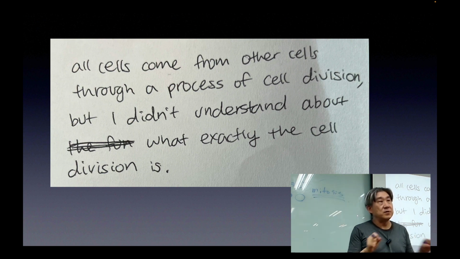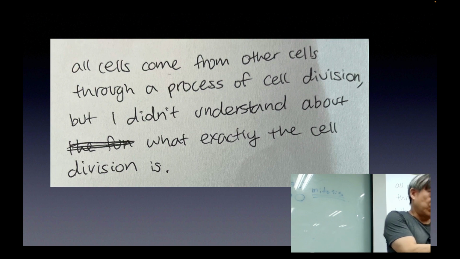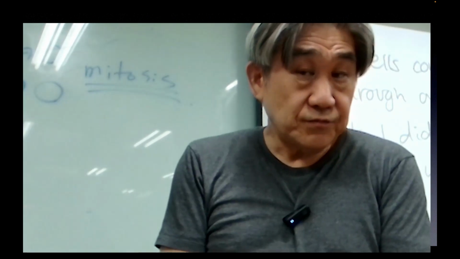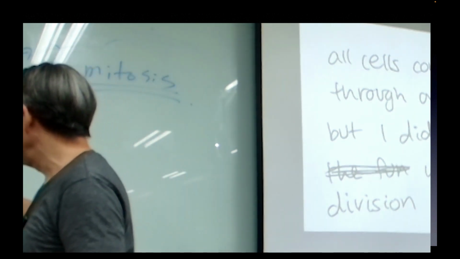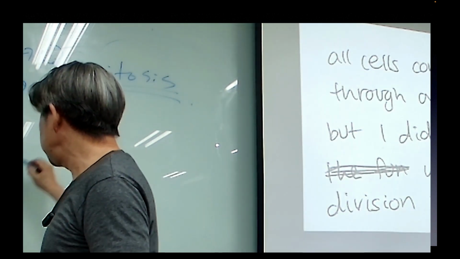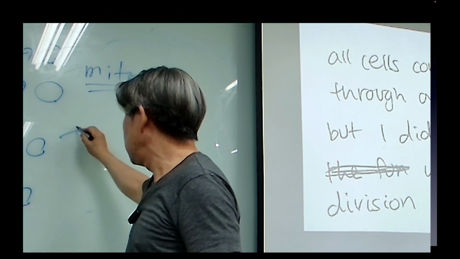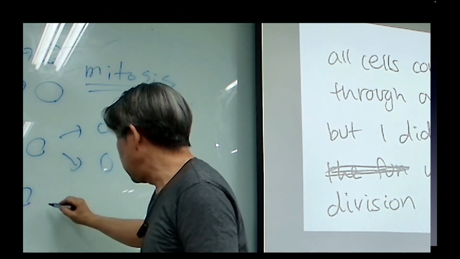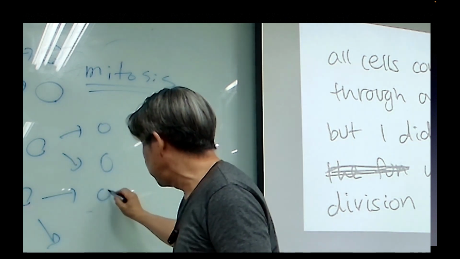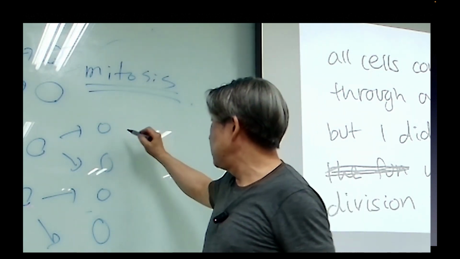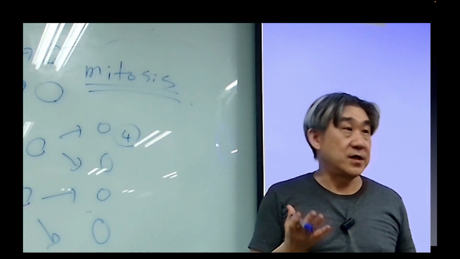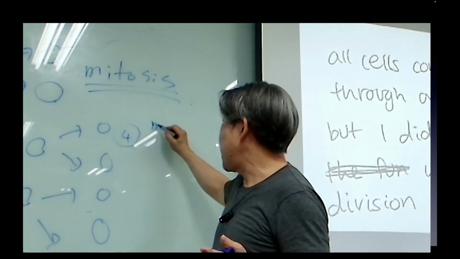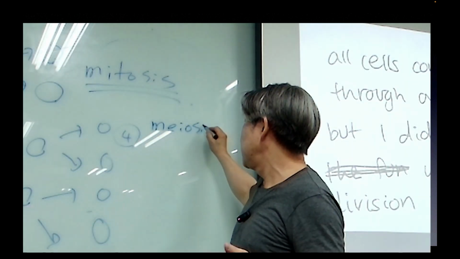So this is a typical cell division through which one becomes two. But the special type of cell division, in which one original cell continues to divide to become four different cells, we call meiosis.